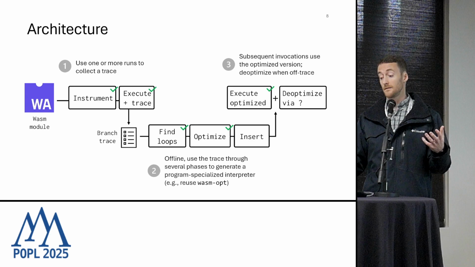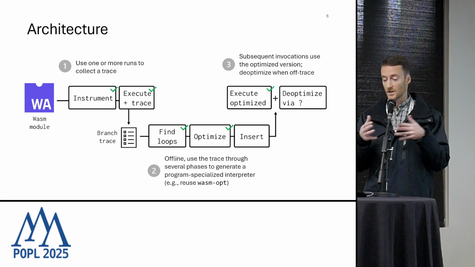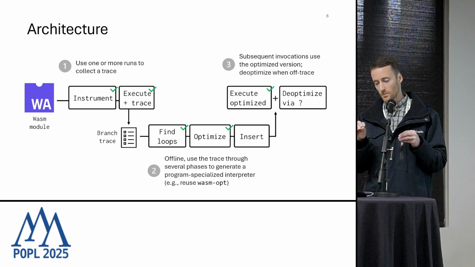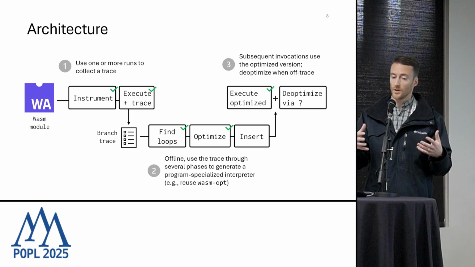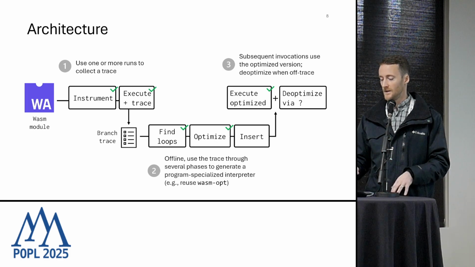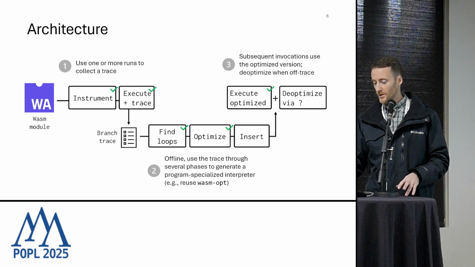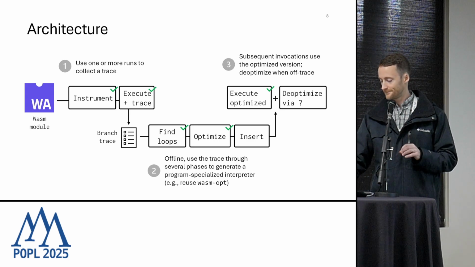Subsequent invocations of the interpreter will then use this optimized version, which has been specialized to the program. And when we get to an off-trace exit, we'll de-optimize somehow. We'll talk about that later. And the green check marks here mean that we have working prototypes for some of the phases.